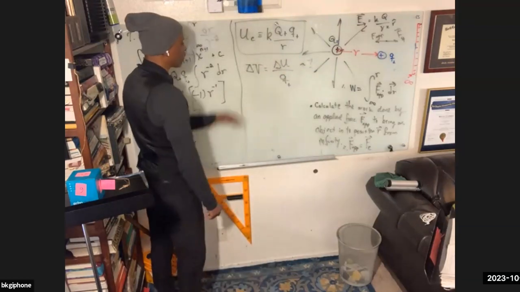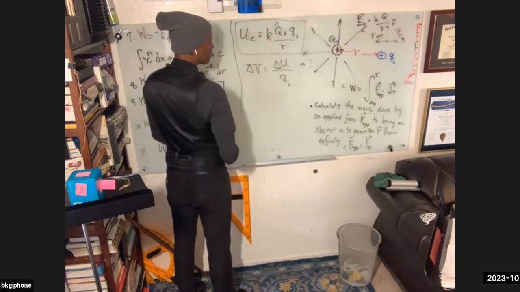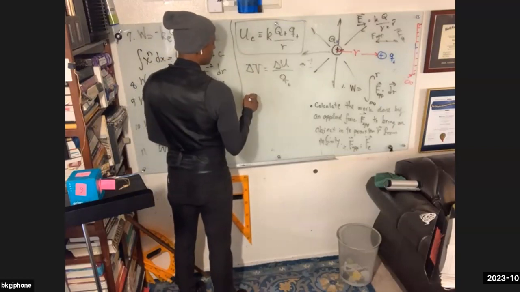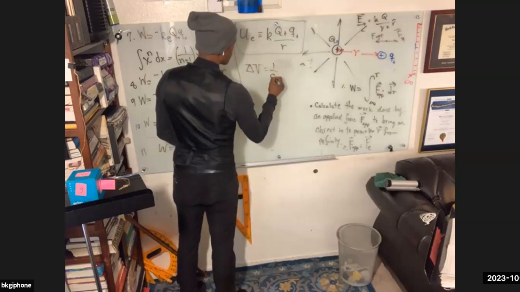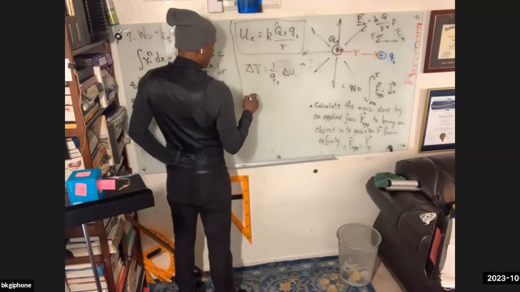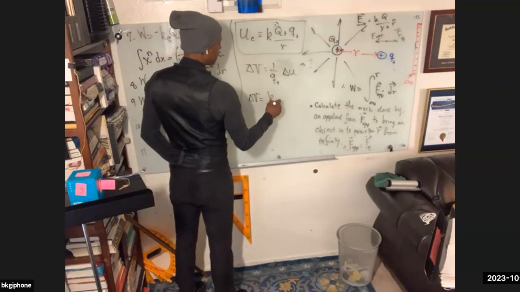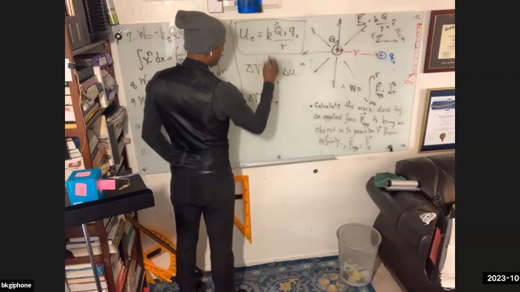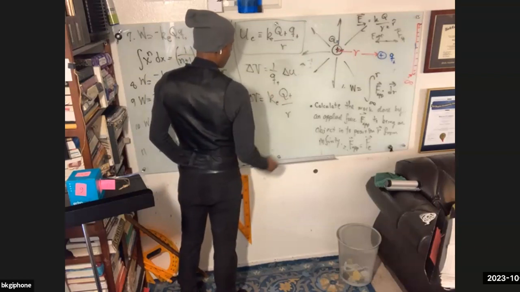And so when we equate these two, if I take this and put it in here, the q's will cancel out, right? I basically think of it like this: 1 over q times ΔU. So when I put this in, the q's cancel out, and I get that ΔV is equal to k_e Q, the charge setting up the field, over r.